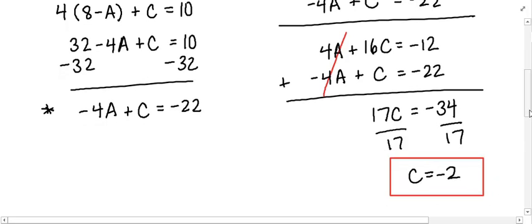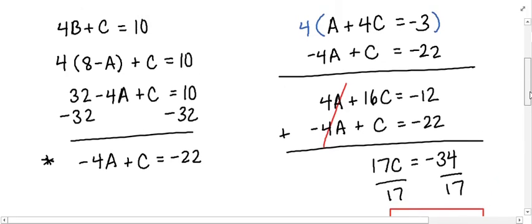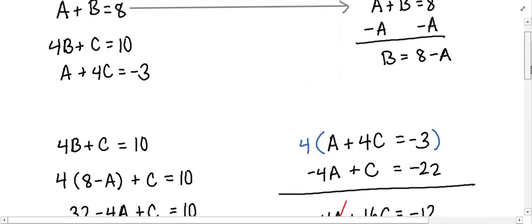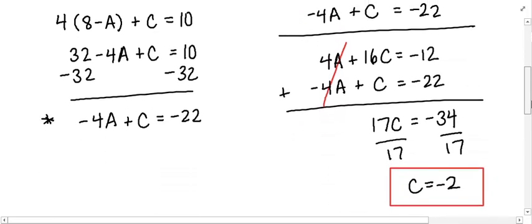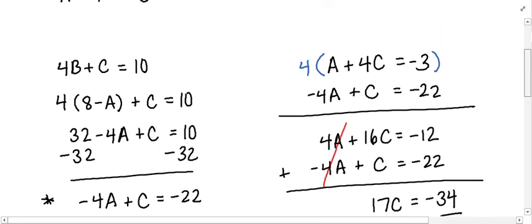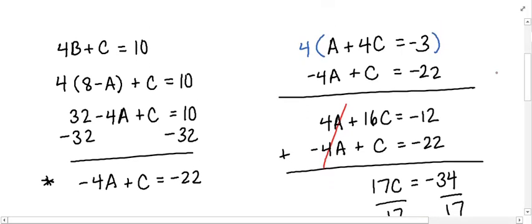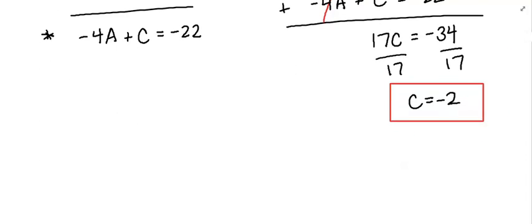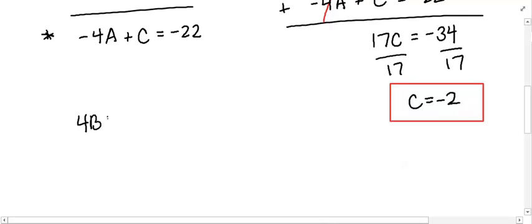At this point, I can use this information to get the other coefficients. And it really doesn't matter what you plug into. It just has to be a valid equation that we've encountered along the way. If I go back up here, I see that 4b plus c equals 10. So I'll use that. 4b plus c equals 10.